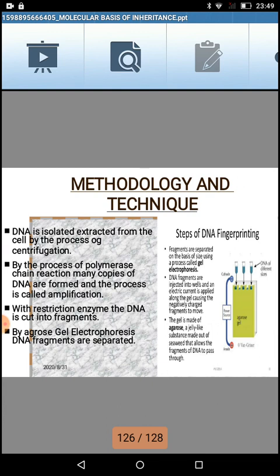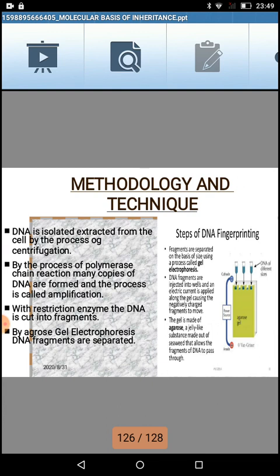Meaning, if the sample we are working on is very small, if we have a very small part of DNA and we have to go for the whole DNA profiling, then before we go for the gel electrophoresis and cutting of the DNA, we put this DNA into suitable vectors and try to multiply the DNA.